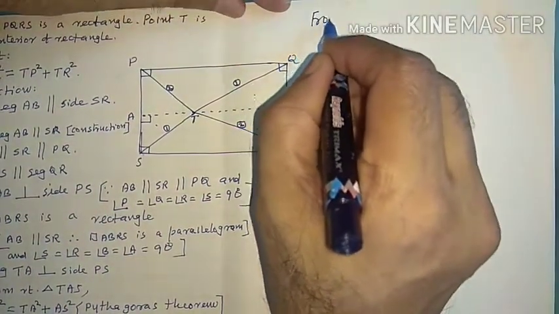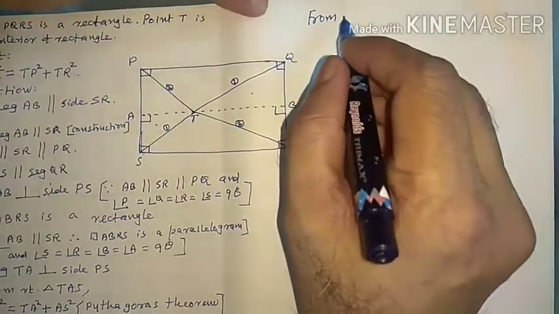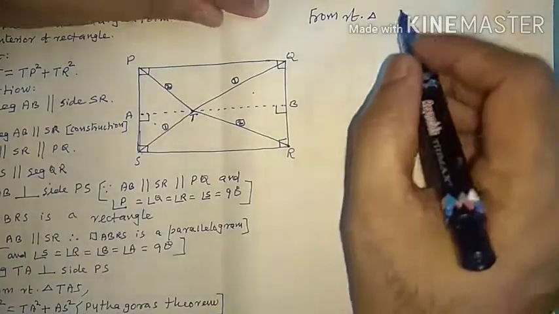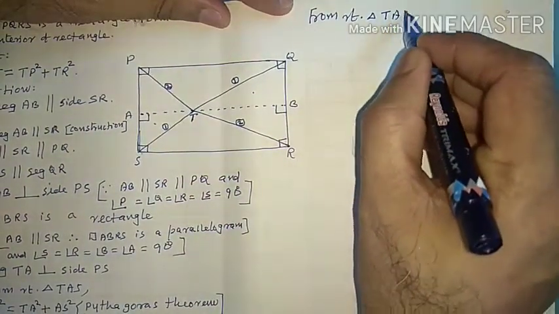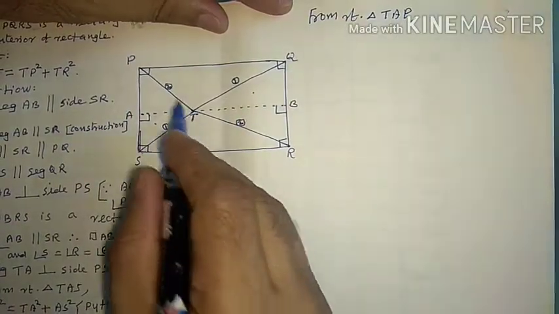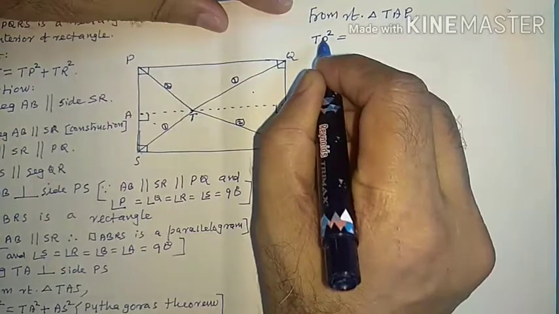Now this one, from right triangle TAP, TA square plus AP square is equal to TP square.